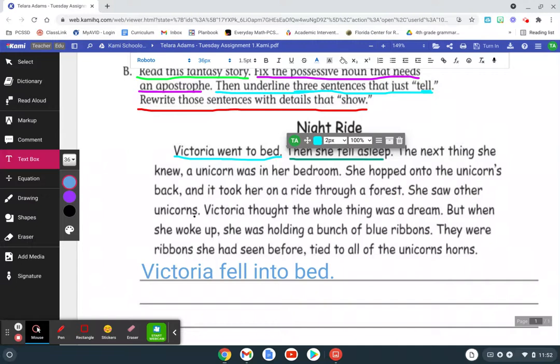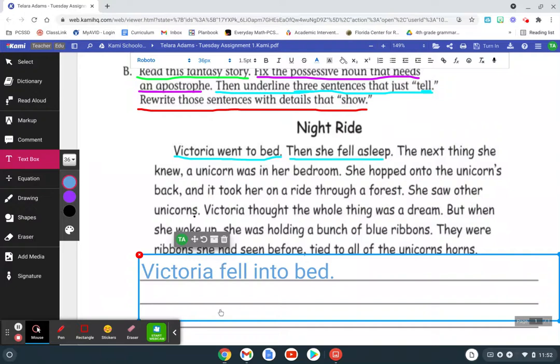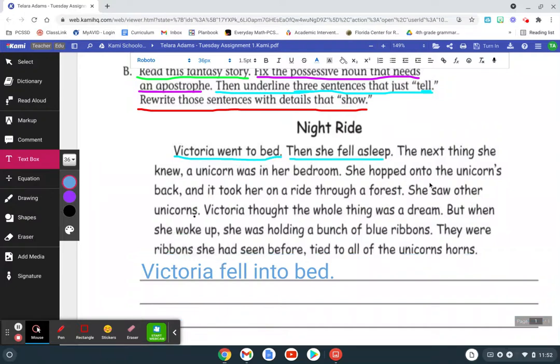Give me details on Victoria falling asleep. The next thing she knew, what? If you chose that sentence. So you are going to rewrite the sentences with details that show. You should have three sentences total, the same three sentences that you underlined in the second part of our examples.